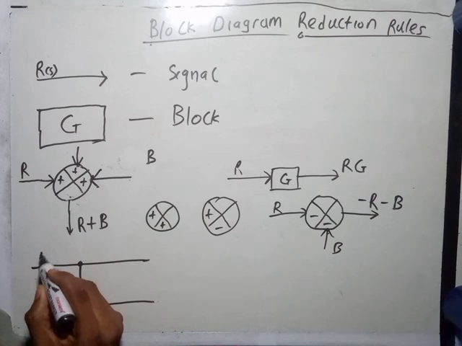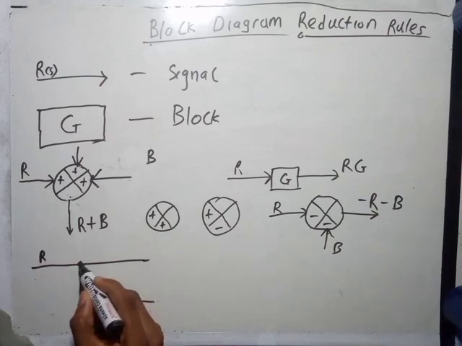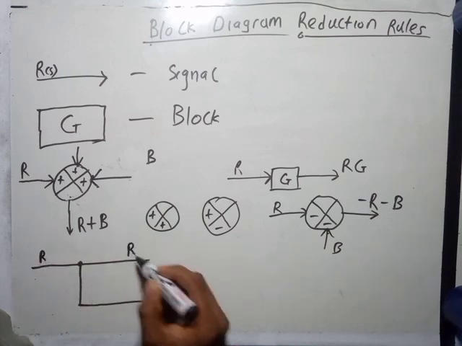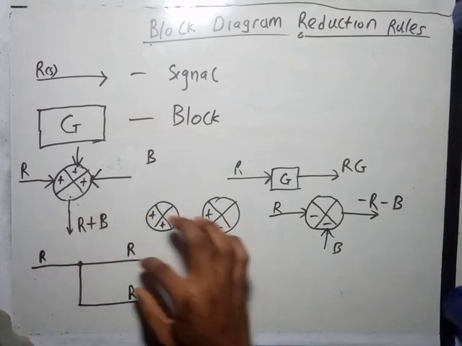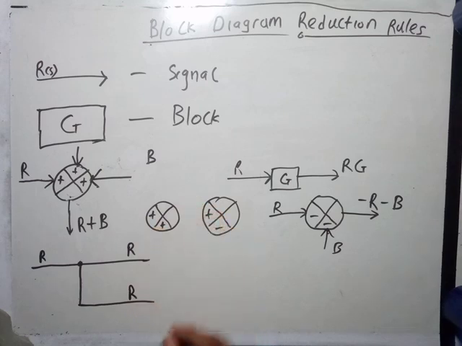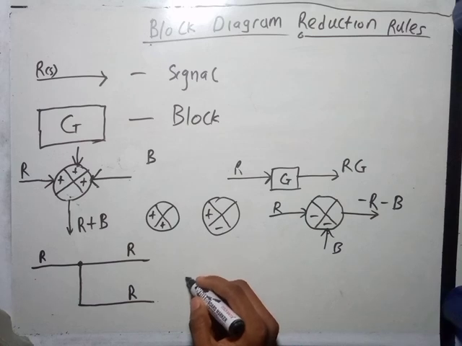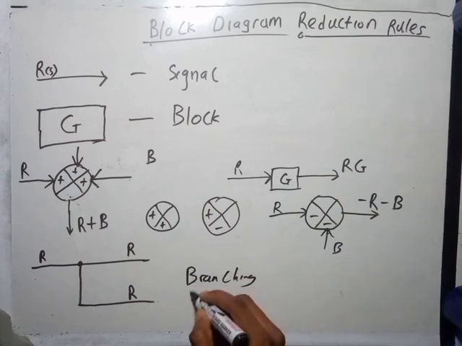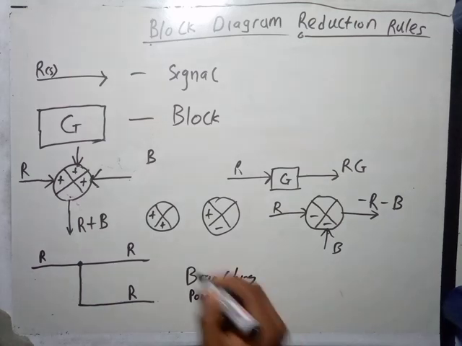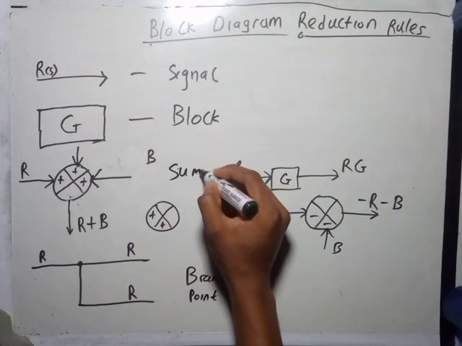Let's say R is going in here, and when it gets to this place, R will continue going here, and it will also continue going to this one. So while having one signal, you duplicate it. That's what your branching point, or your pick off point, does, while this is your summing point.